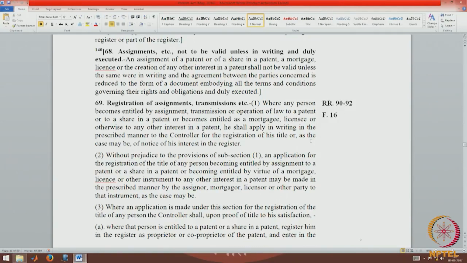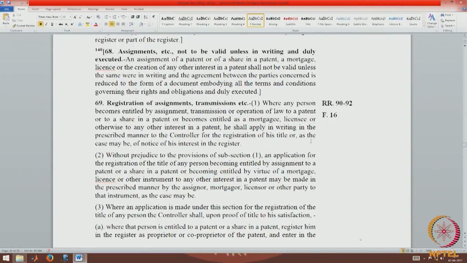So, these two things should be understood: when we say any other interest in a patent, we should understand interest as anything like a mortgage or a license. So, an interest is understood as a limited right.